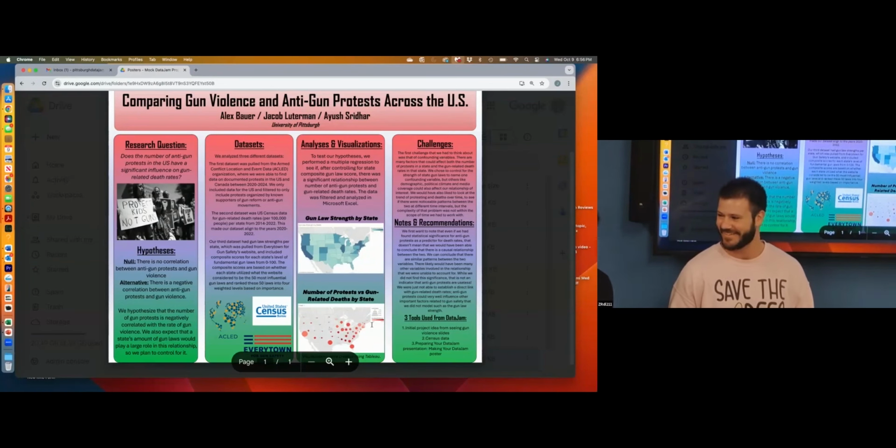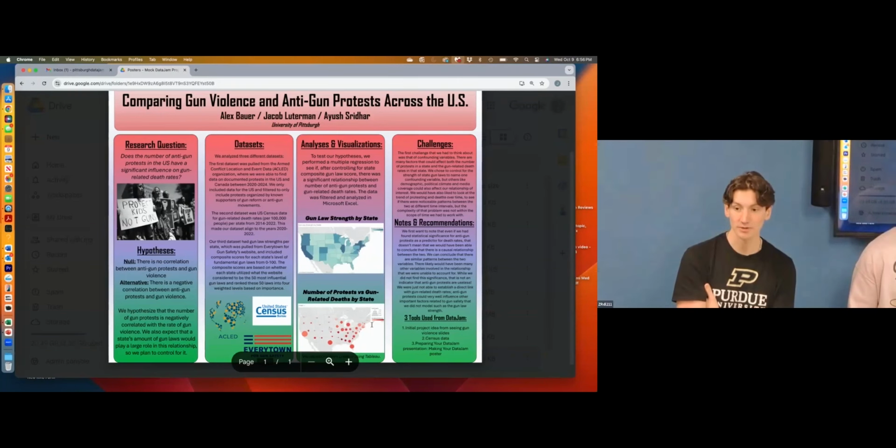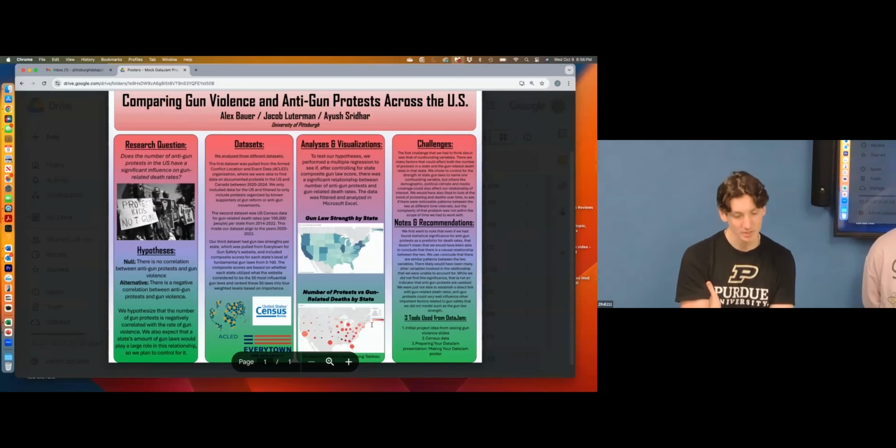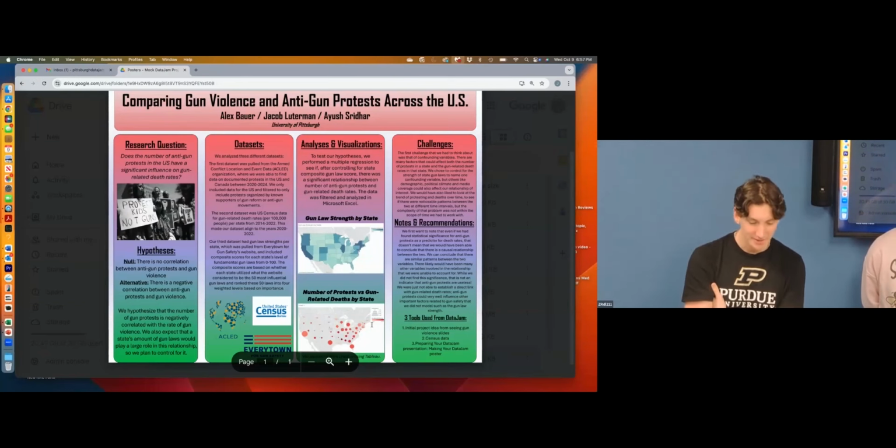Another large challenge was doing the visualization of the entire US, especially for multiple variables trying to be visualized at the same time. We can't really do a visualized multiple regression for our 2 variables.